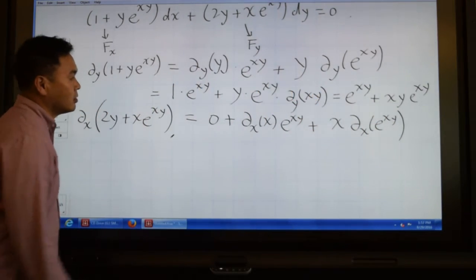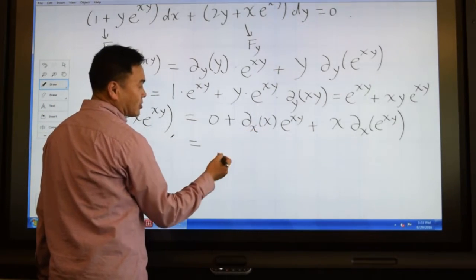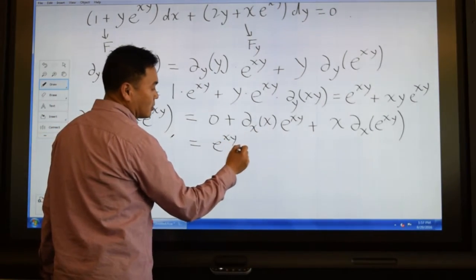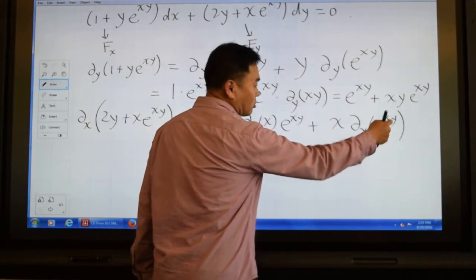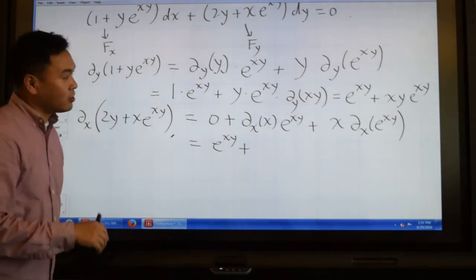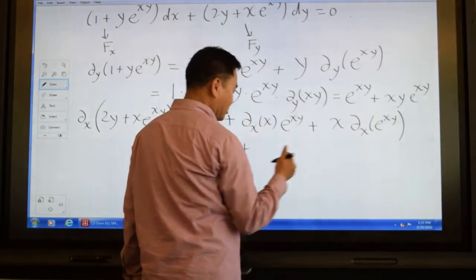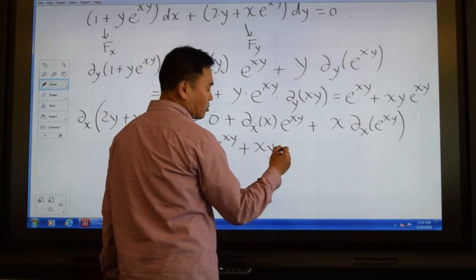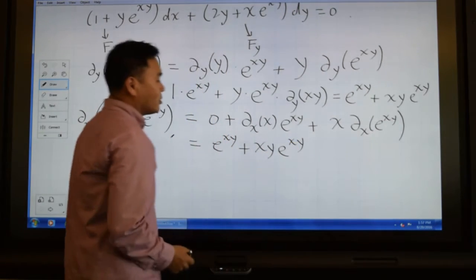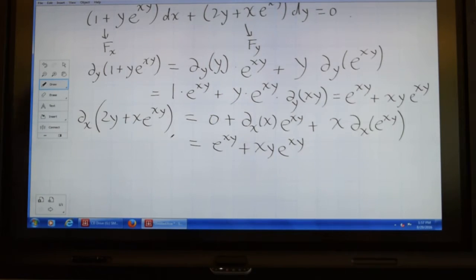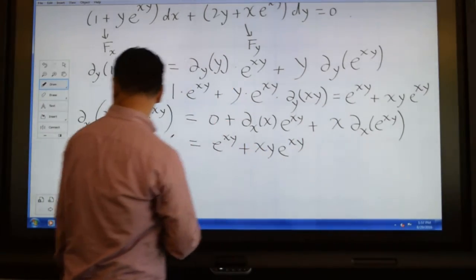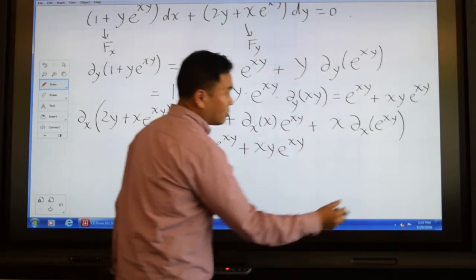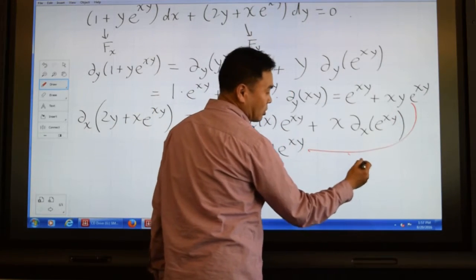Differentiating x by x, that's just 1. Differentiating this using the chain rule, you'll again see that y will come down as the result. So you do see that these two are indeed the same. And since these two are indeed the same, we know this is exact.